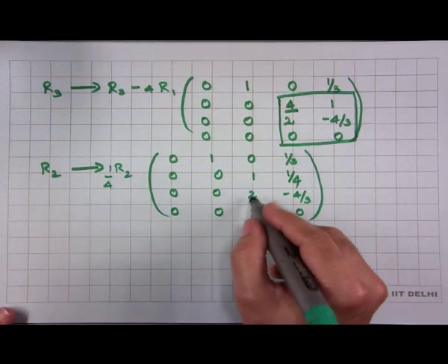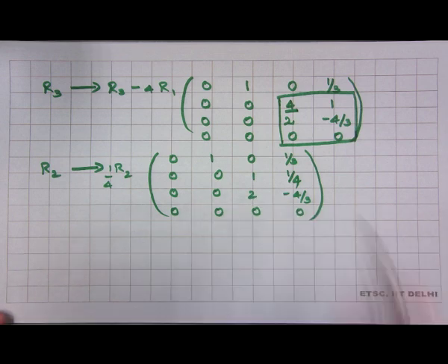Now, you have a 2 here. So, let us try to convert this 2 into 0.